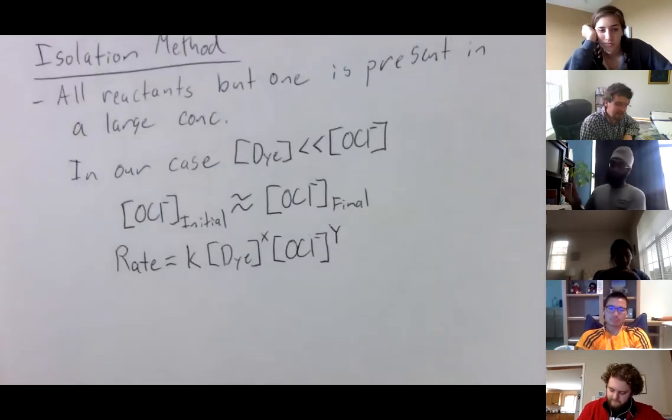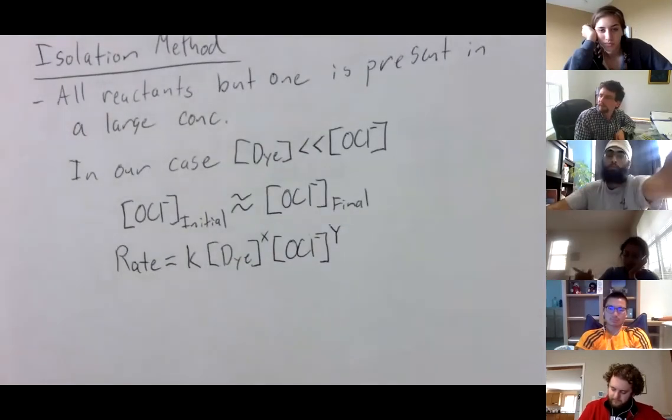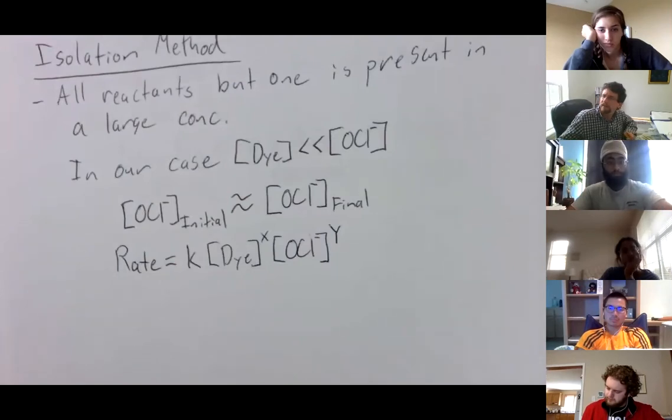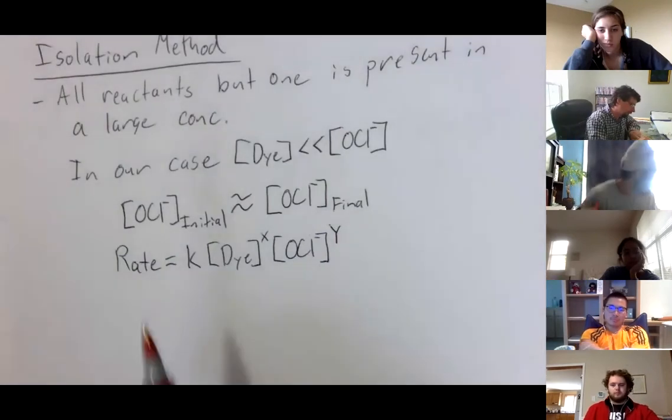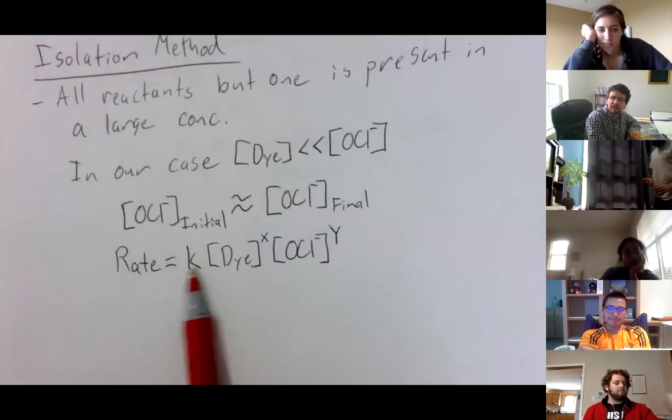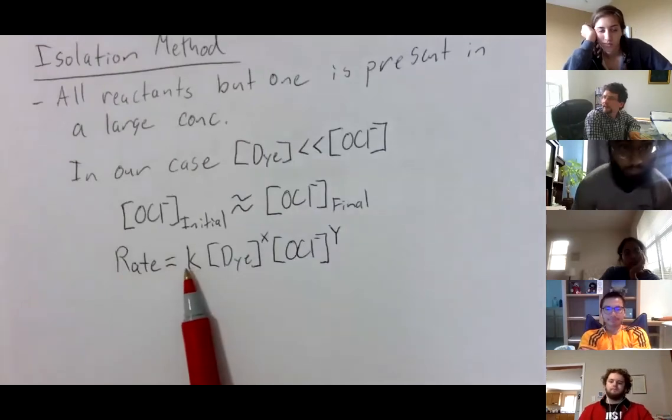Does anybody have any ideas of what we could do? Well, let's determine what's going to be a constant. The rate's going to change as we move along. This K is going to be a constant, right?